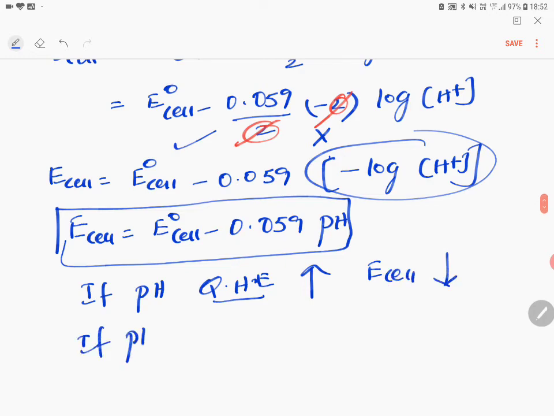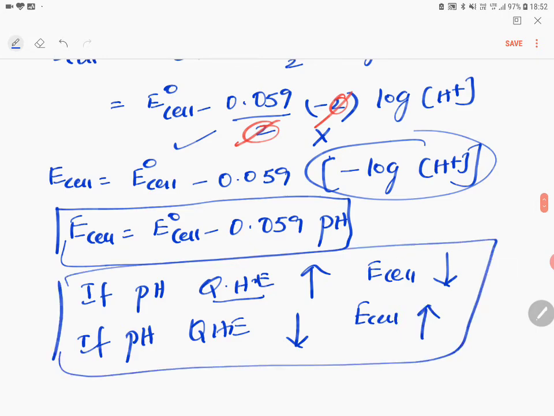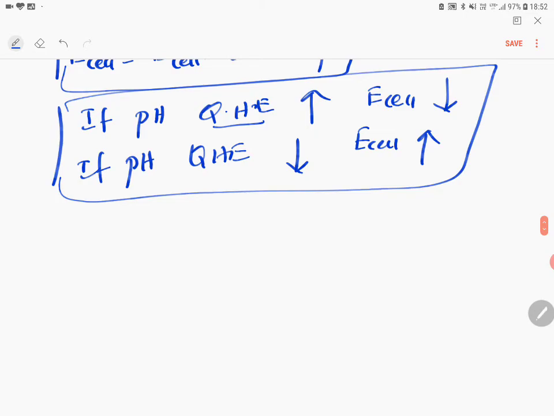If pH of the quinhydrone electrode decreases, E cell will increase. This is the conclusion.